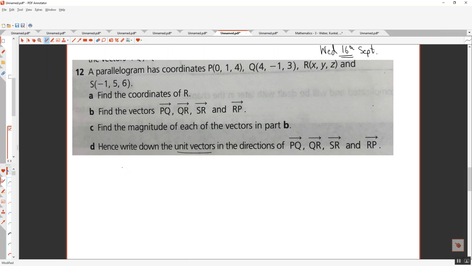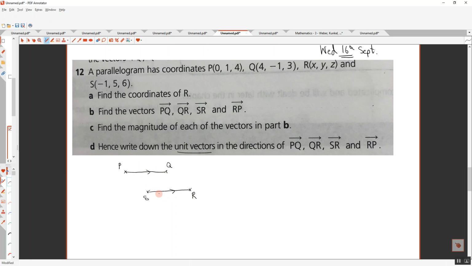So first thing I'm going to do is draw a little picture. We did a little bit of this in class, but I do want you to watch this because I'll try and go through it in a bit more detail. So there's my vector P to Q. And because this is a parallelogram, I'm going to have this vector here, and I'm going to make it S to R, just because I can see down here in part B we've got an S to R. This can't involve P or Q because it's a different vector to this one.